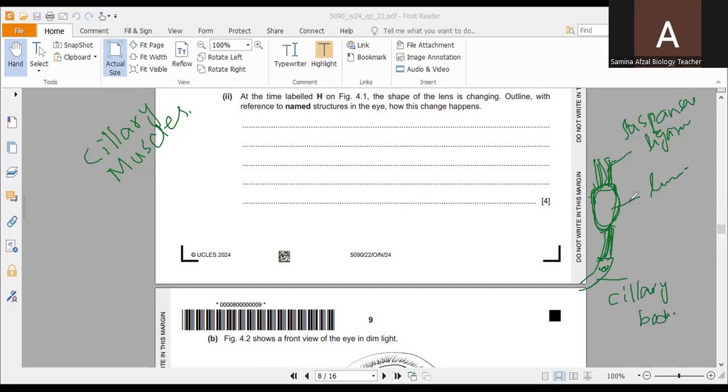So these suspensory ligaments and ciliary muscles are involved in the curvature of the eye.